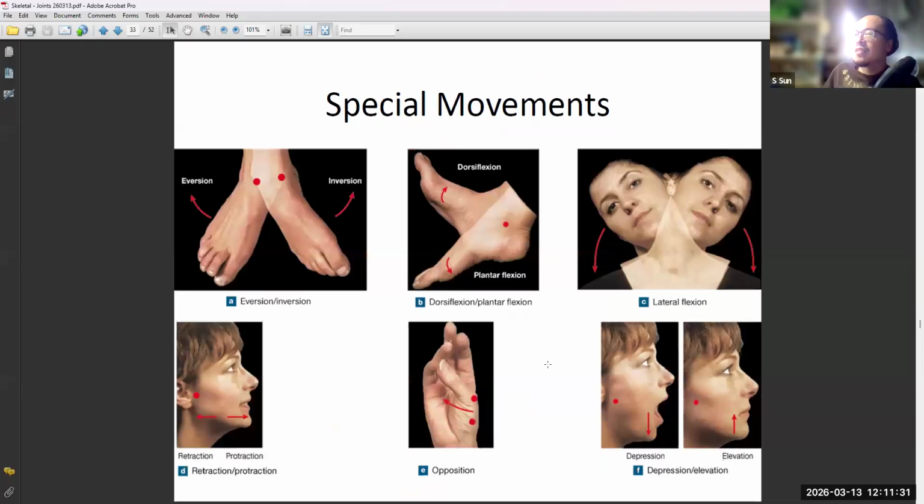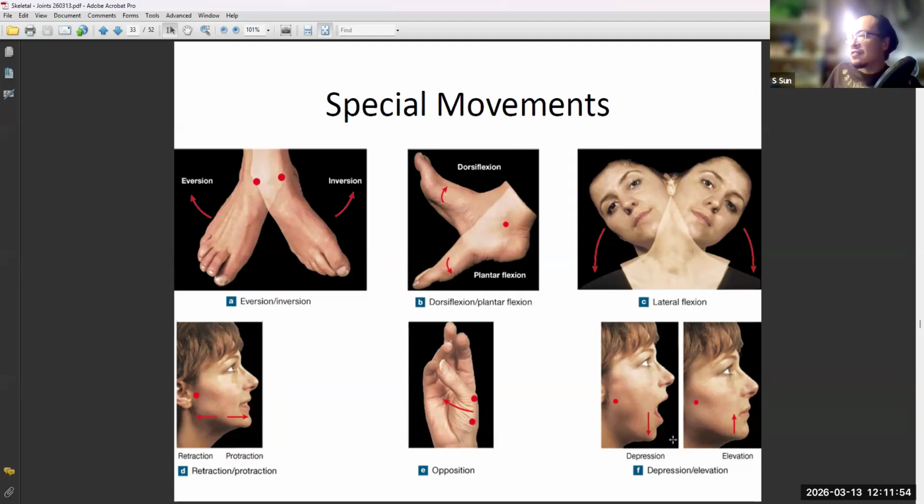Other movements, you can have your foot inversion, eversion. We talked about dorsiflexion, plantar flexion, lateral flexion already.